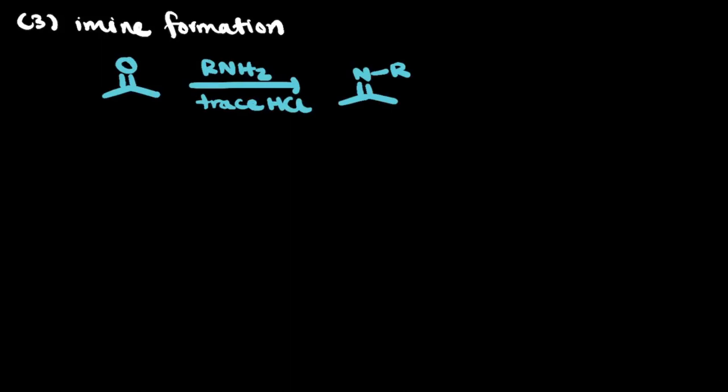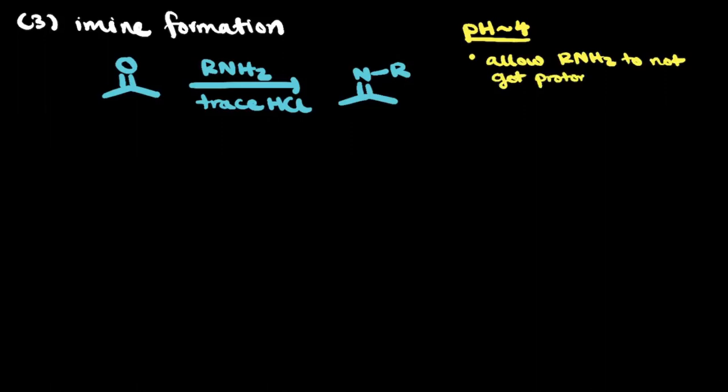Cool. Now, the thing with this reaction and the next reaction that you see here is that it's going to occur at a pH of approximately 4. Okay, so not too acidic and definitely not basic, right? You want to have a pH of 4 to allow your amine to not get protonated by a strong acid, which allows the reaction to occur pretty much.